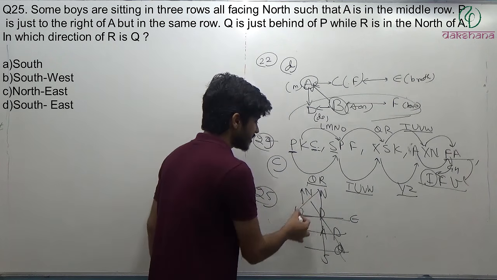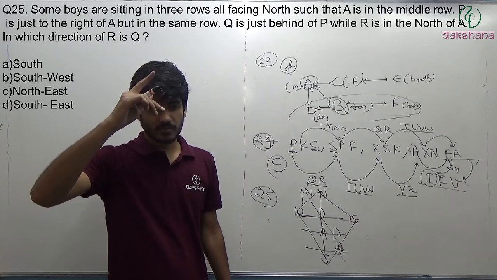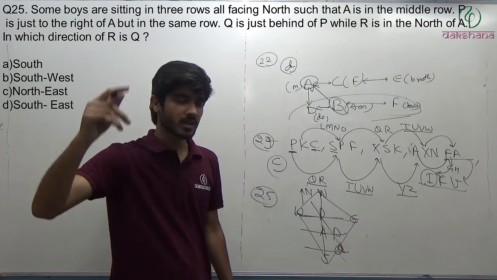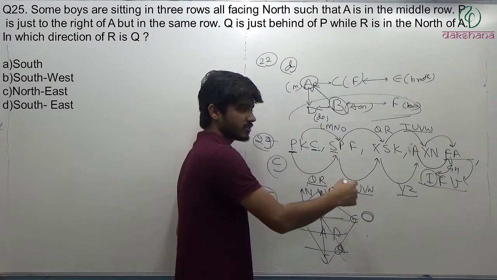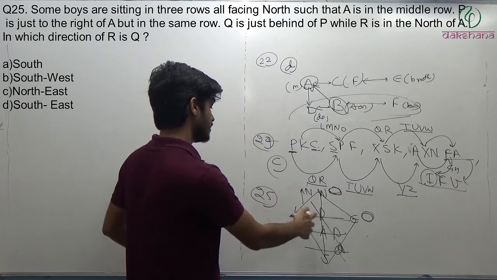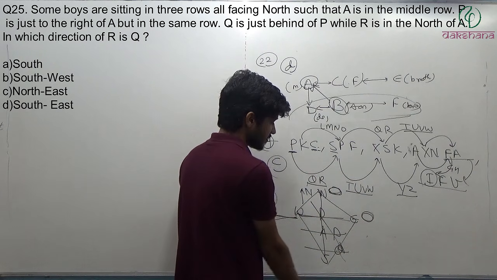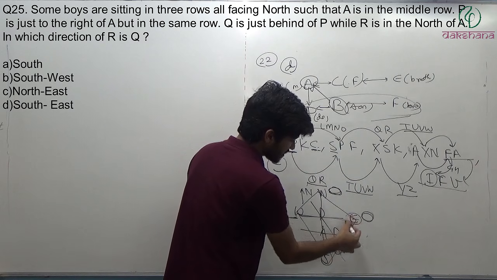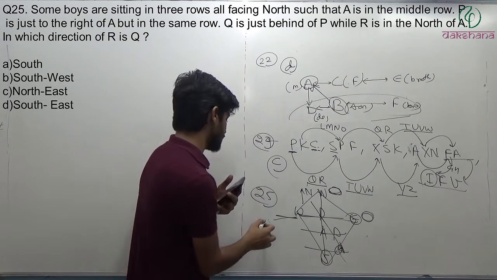If you are confused with which direction is north, which is south, then just try to remember India's map. Jammu Kashmir is at the top, the northeastern states over here, and Rajasthan over here. So this is south, this is east, so this is southeast, right? So southeast, option number D.